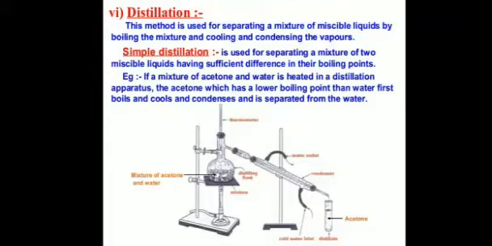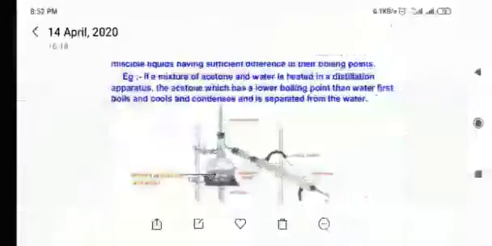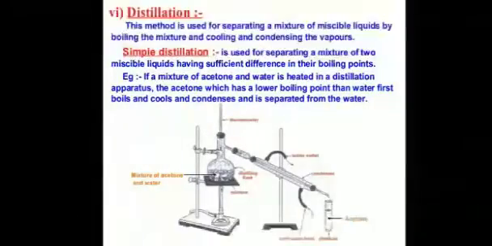If I say acetone, acetone is what? Nail paint remover. Acetone and water are two miscible liquids and these miscible liquids are separated by the process of distillation. But what type of miscible liquids can be separated by this process?